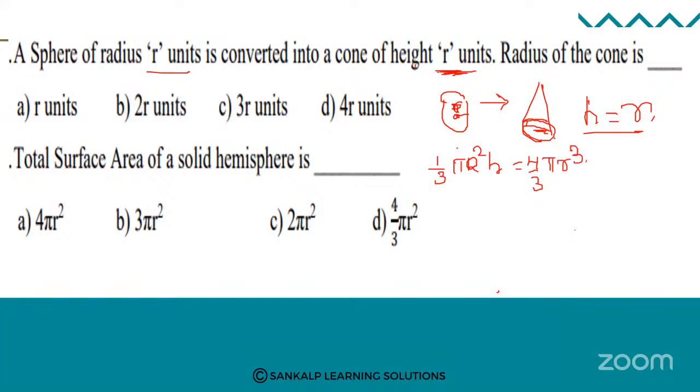Okay. Consider this as small r and this is capital R. Okay. Now, 1 by 3 pi r square h is equal to 4 into 1 by 3 pi r cube, right?